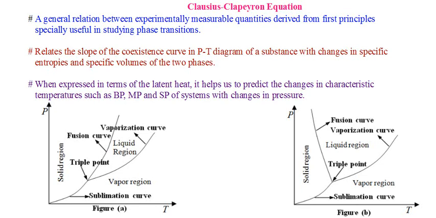So we can conclude that the Clausius Clapeyron equation, which we are going to derive, is ultimately an application of Maxwell's relationship. As we have seen, Maxwell's relationship helps us find new or hard to measure quantities in terms of easily measurable or easily controllable quantities.